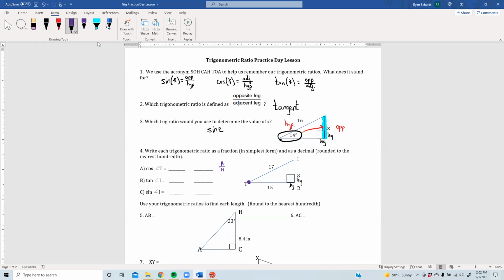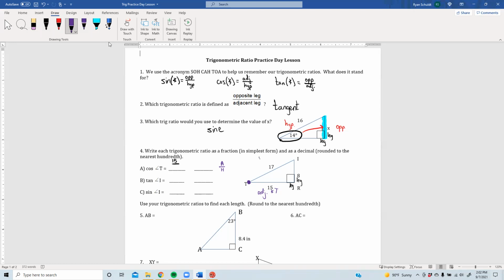What's the length of it? 15. This is adjacent to angle T. So our top number is going to be 15 over, and then which one's the hypotenuse?